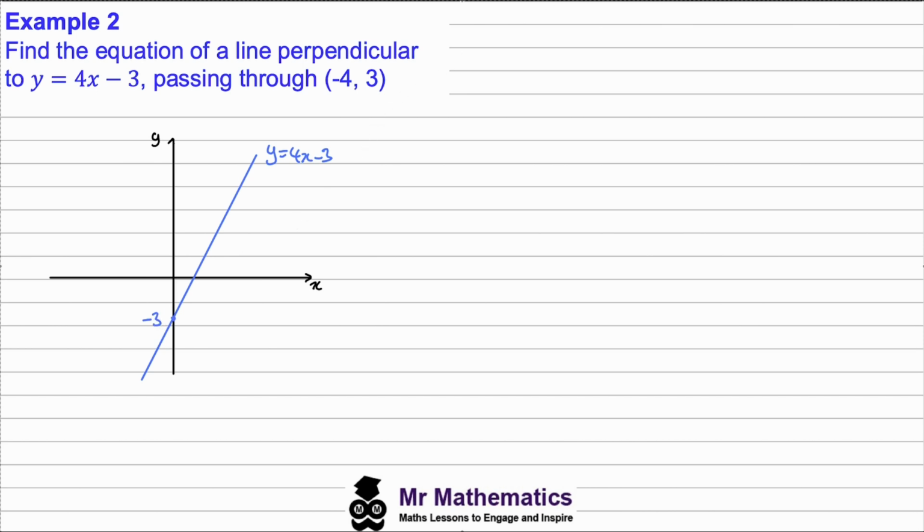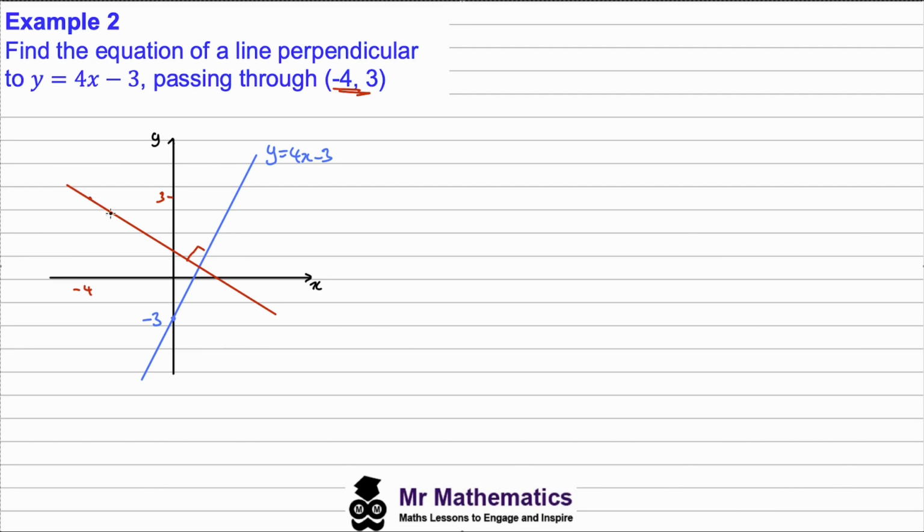We're told that the line perpendicular passes through negative 4 and 3, which will be over here somewhere. And it will pass through this point and be perpendicular to the blue line. So we're trying to find the equation of this red line, where the two lines are perpendicular.